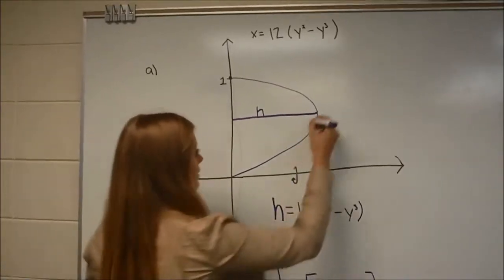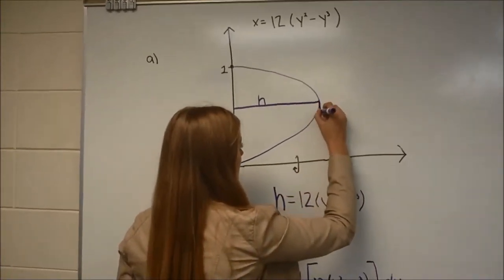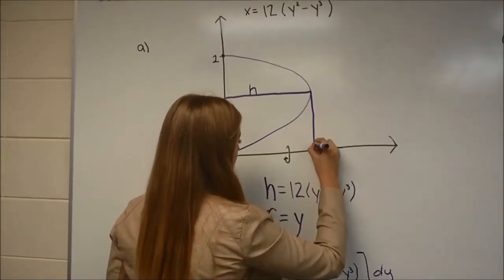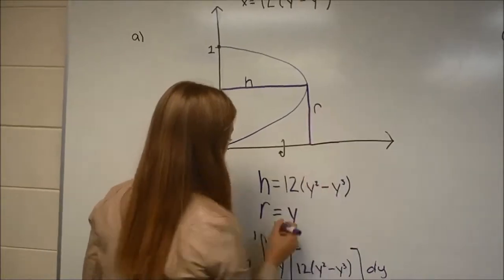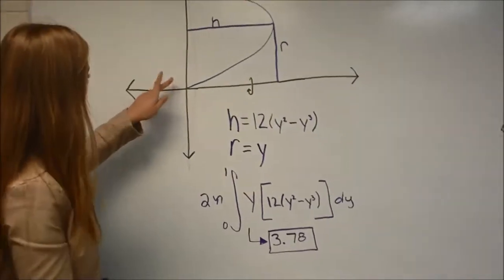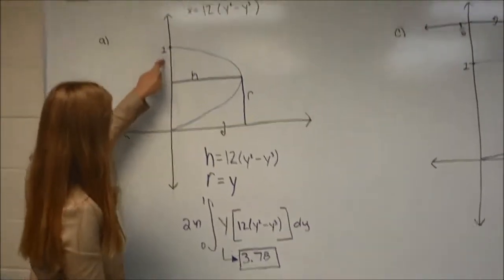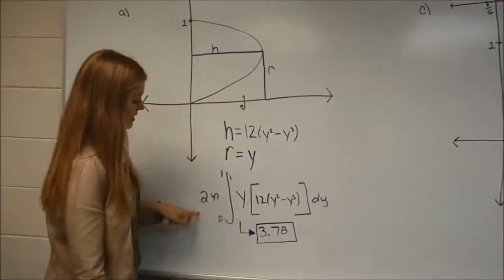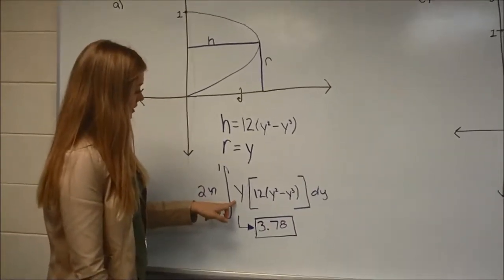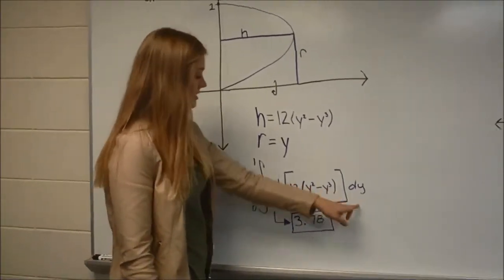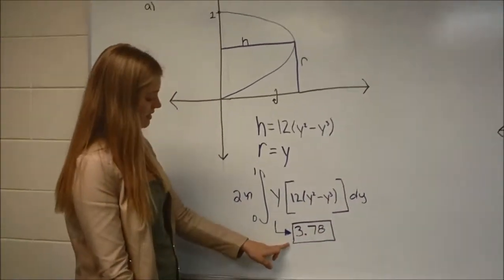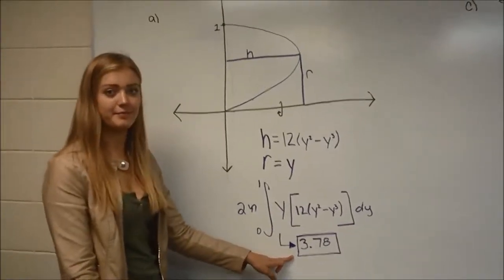And then your r would just be from the top of this down perpendicular to the axis of rotation, which ends up just being y. So then, since you're integrating with respect to y, you're integrating from 0 to 1 times 2 pi, the constant, of the radius, y, times the height, 12 y squared minus y cubed, dy, which when you plug it into your calculator, you get 3.78.